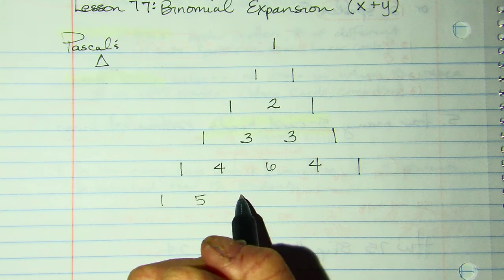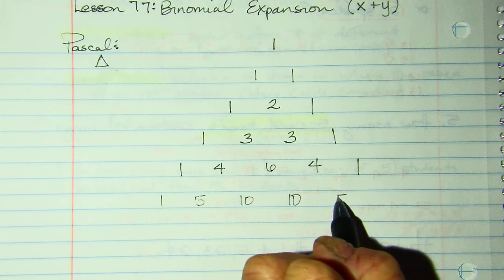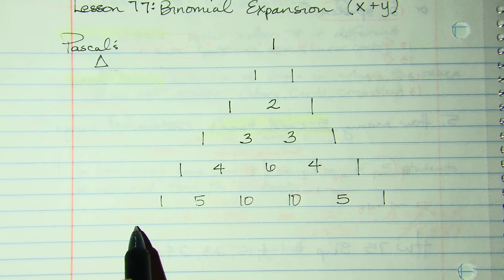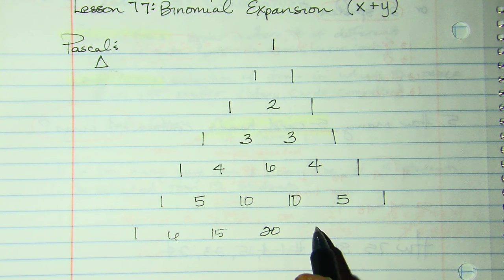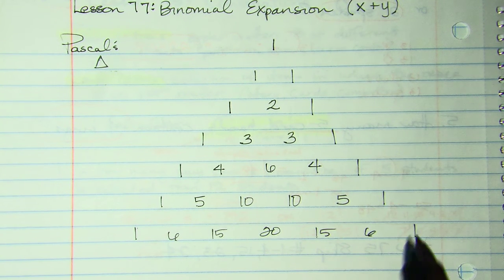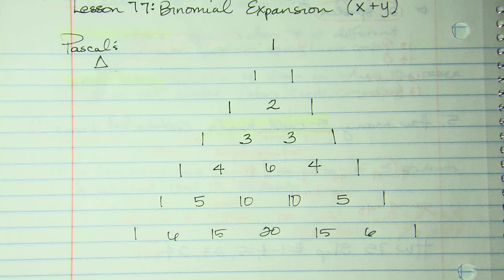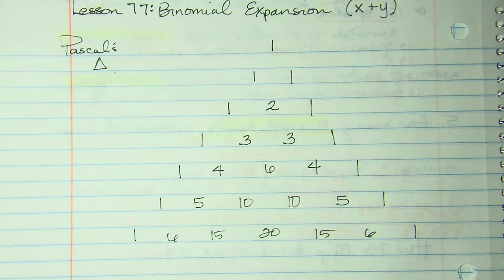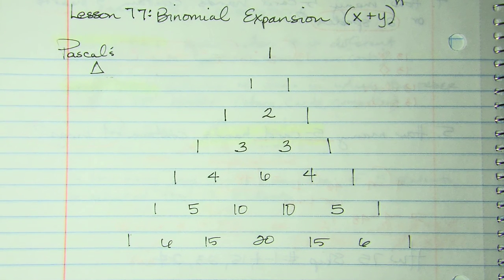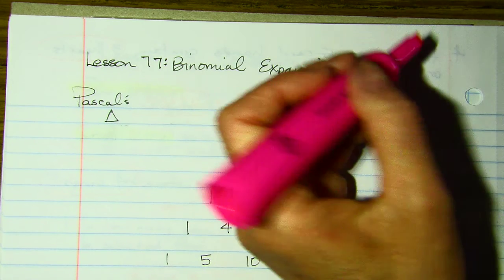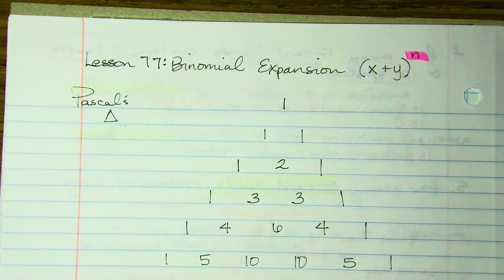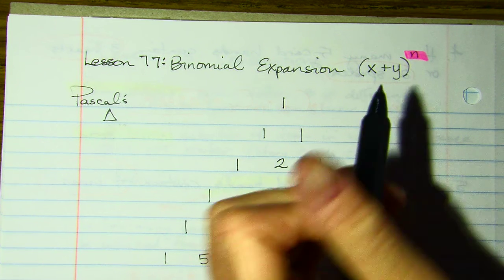So 5, 10, 10, 5, 1, 1, 6, 15, 20, 15, 6, and 1. And so on. This goes on and on. But we need to recognize a couple things. These rows correspond to coefficients in our binomial, and each of them has a value. So if you'll notice, I wrote in here. Each of these rows in Pascal's triangle has a value for n.